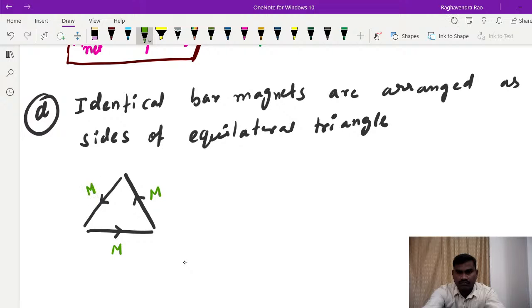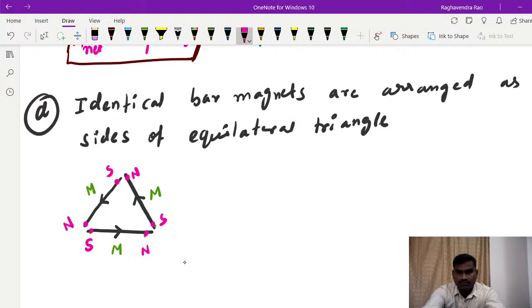So by taking direction, we can identify the south and north poles. This is south pole and this is north pole. South, north, south, north. That means we can take this as south, and this as north, this as south, this as north, this as south, and this as north.